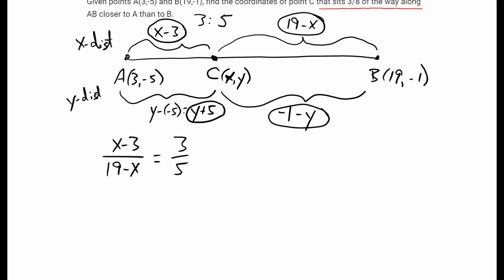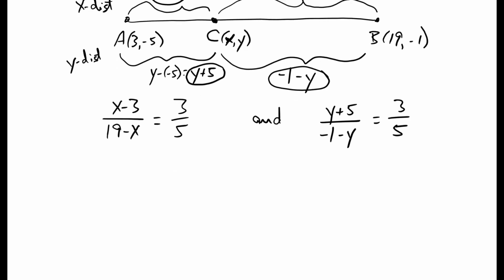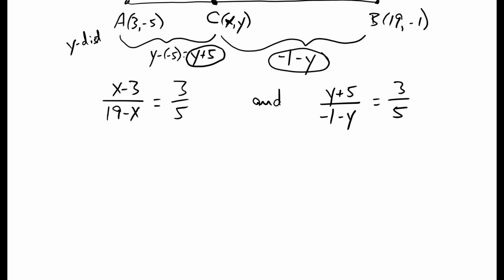So there's that first proportion. And I also need to set up my Y proportion. That's going to be Y plus 5 over -1 minus Y equals 3:5. Okay, well now I have two proportions, so all I need to do is solve these two proportions.